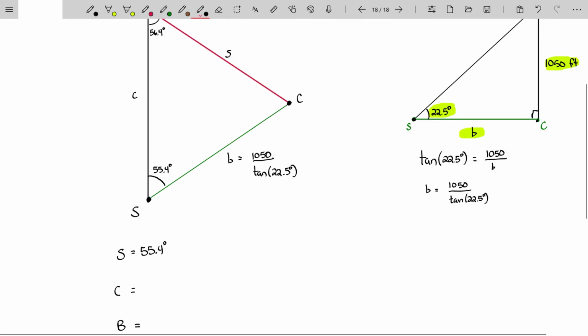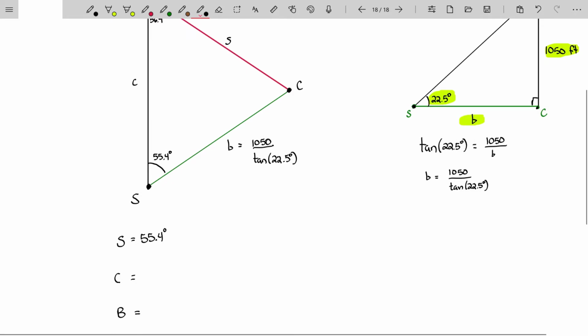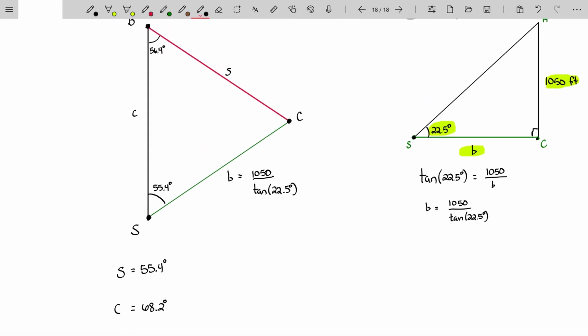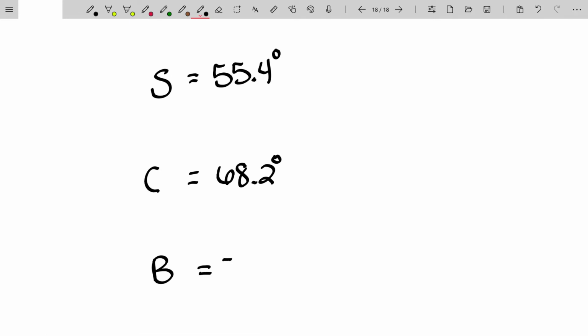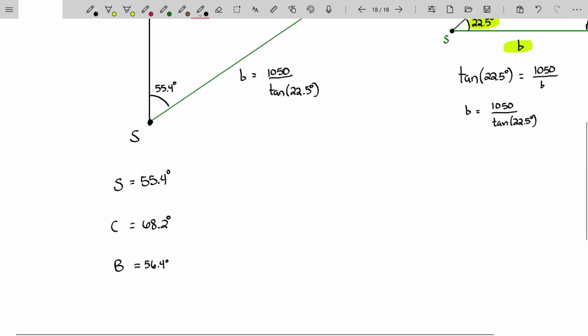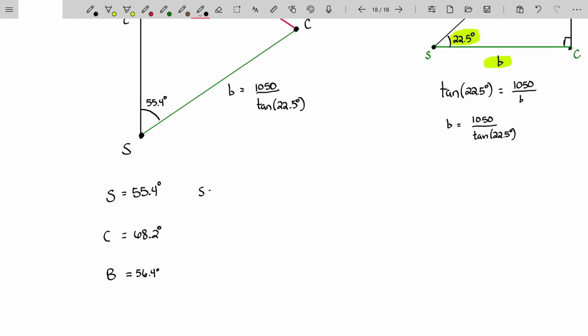Angle C, we could compute if we needed to, and in fact, I think I told you it was 68.2 degrees. And angle B is 56.4 degrees. Great. Side lengths. Well, side length S is actually what we want. Side length C, we don't have. Side length B, we do have. That's 1050 divided by the tangent of 22.5 degrees.